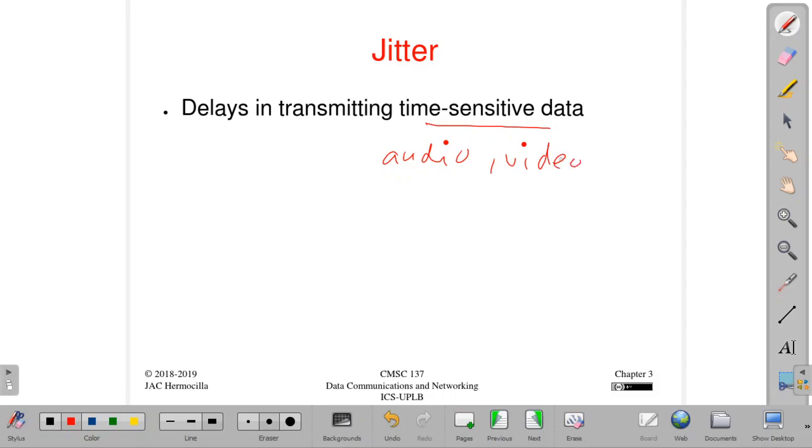It is also an issue when it comes to the performance of data communication networks. You don't want jitter in your live stream, in your video conferencing or in your streaming. So there are different techniques for solving jitter in communication networks.